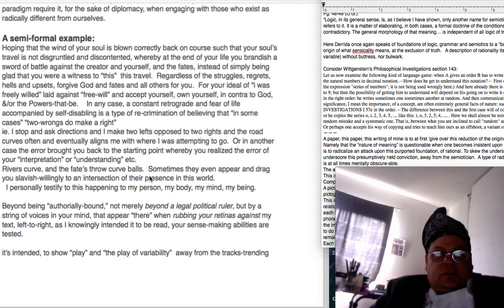Regardless of the struggles, regrets, hells, and upsets, forgive God and fates and all others for you. For your ideal of 'I was freely willed' laid against free will, and accept yourself, own yourself, in contra to God and/or the powers that be.